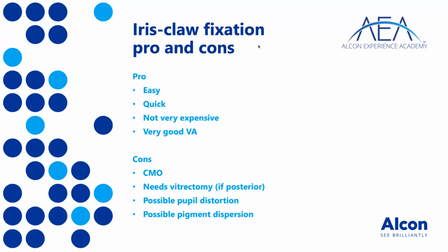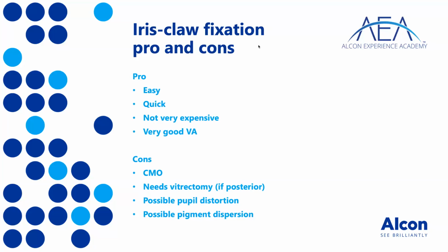There is a distinct possibility of pupil distortion, but it's more theoretical than real. In fact, in the case that I've just shown you, the pupil at the end was absolutely beautifully round, and that's not uncommon. That's pretty much the rule, all right? And there is a possibility of pigment dispersion.